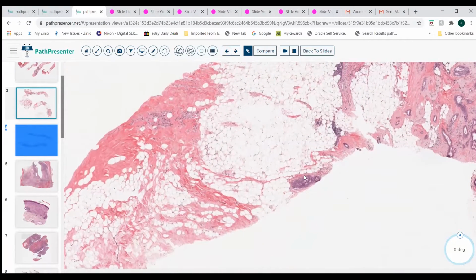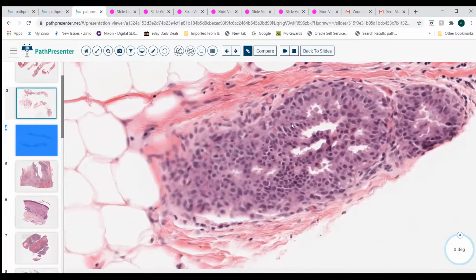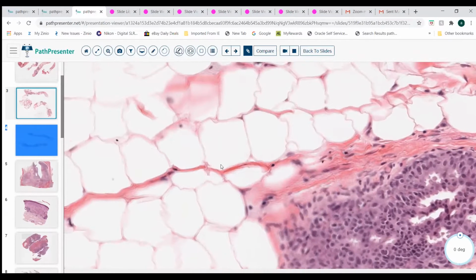You have to search carefully for DCIS. You have to search carefully for the lobular neoplasia.